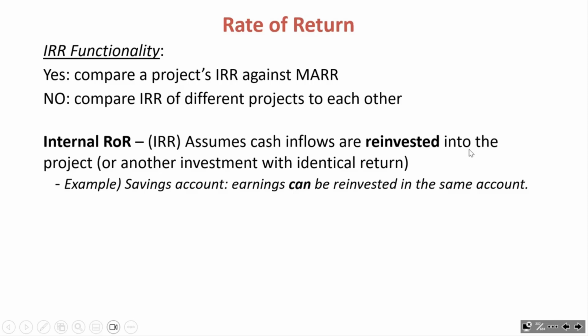Actually, if you look at the range of investments that are available in the world, for most of them the internal rate of return is not suitable because you're generating profits and taking the money and putting it someplace else.